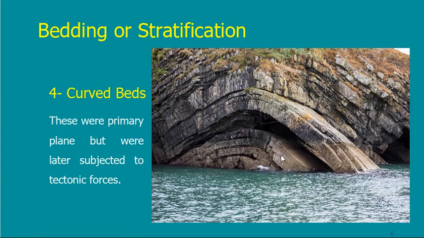Look at this photo. This is a layer. Of course, it is rock. It is a rock layer. Do you think that this layer was formed at the beginning in this curved shape? How can rock be formed in a curved shape?